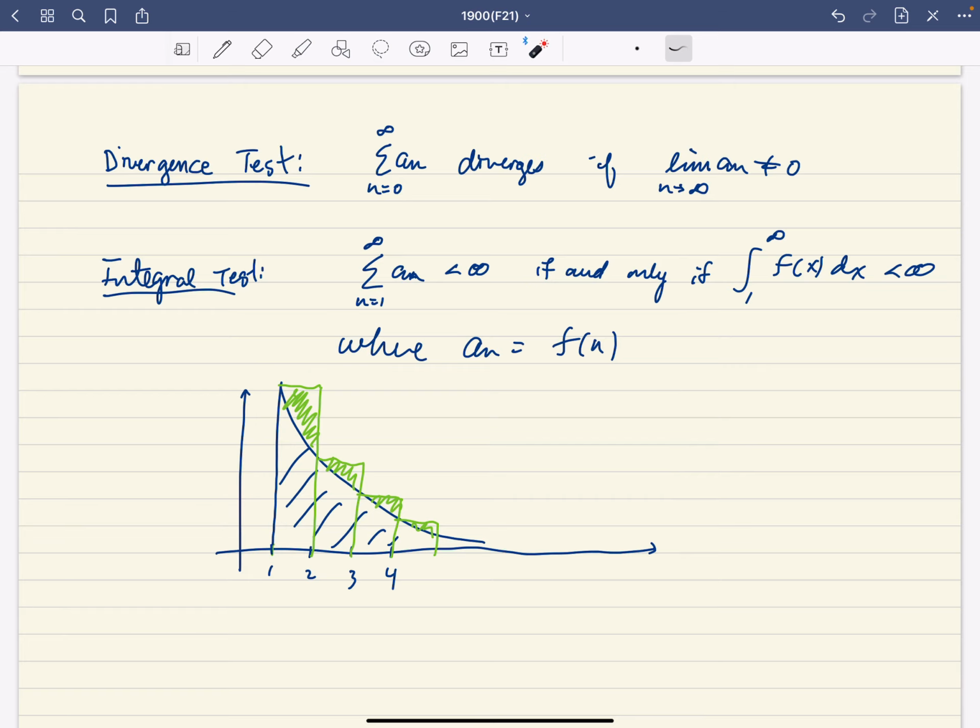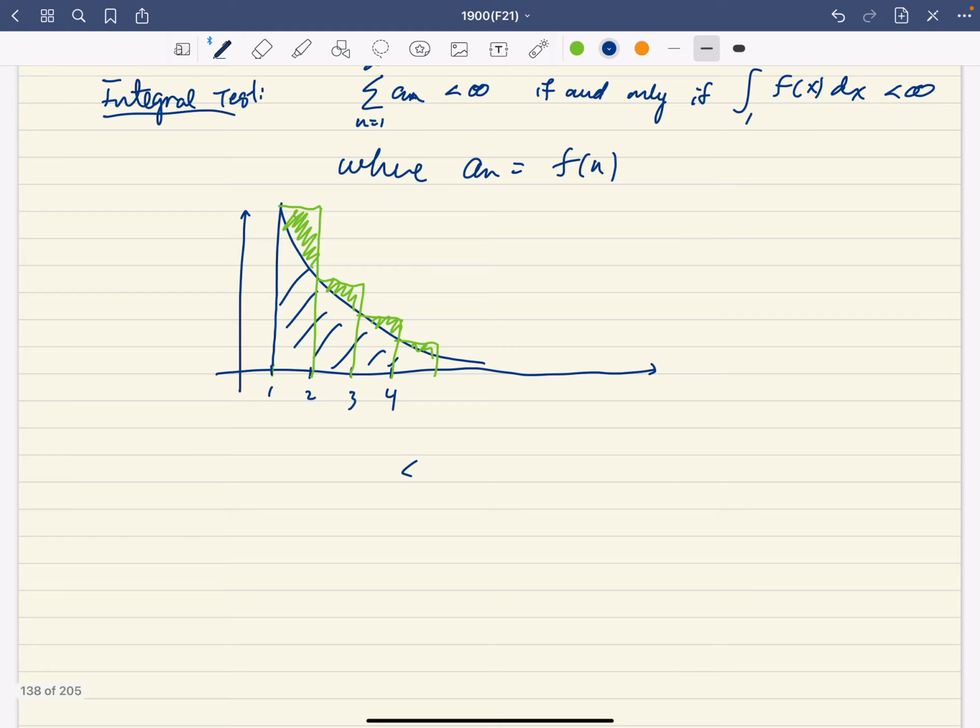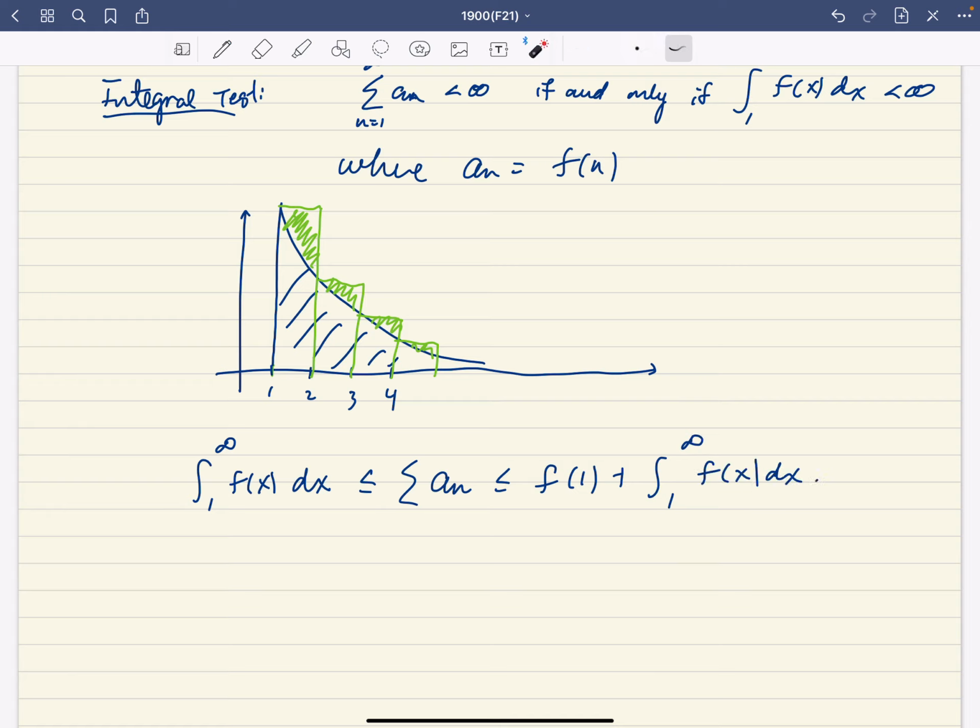So what we actually just showed is that the series a sub n is greater than the integral, because the rectangles stick above the curve. But it's less than or equal to f of 1 plus the integral from 1 to infinity, because it's the area under the rectangles plus this extra bit, f of 1, the height f of 1 times width 1.